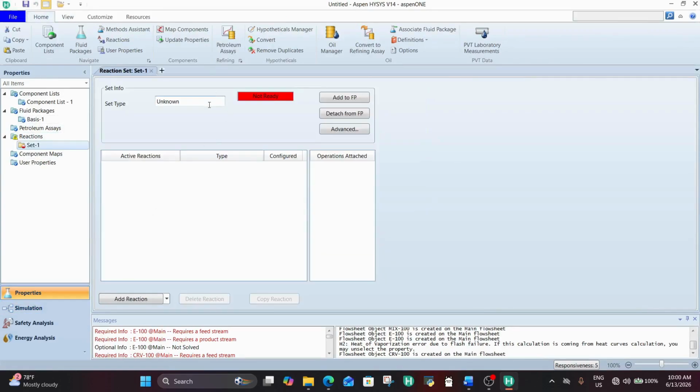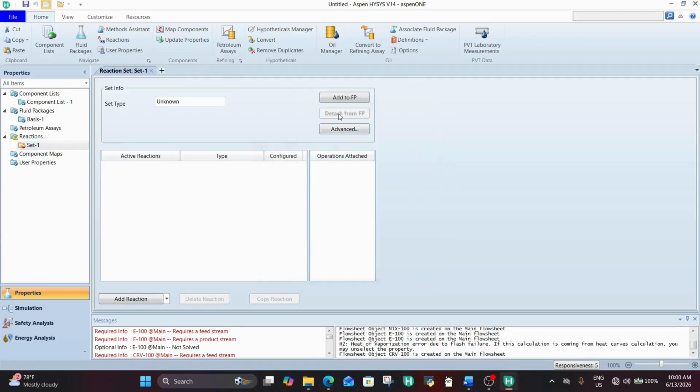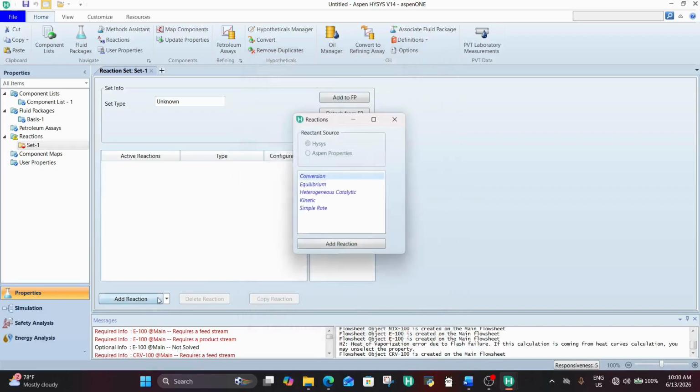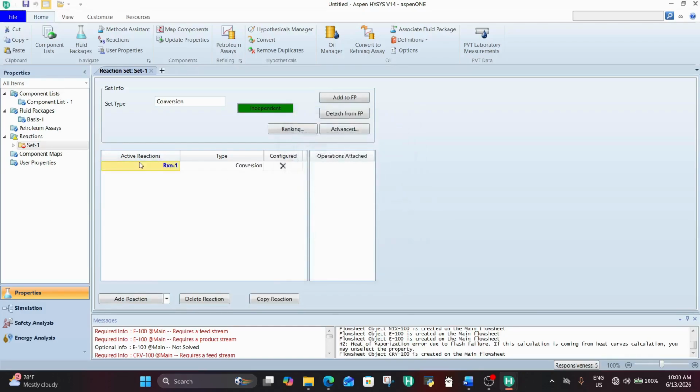To do that, we select this and attach a fluid package to this. Attach advance. Right. So add our reaction, conversion reaction, reactant source HYSYS, of course. Let's call this ammonia synthesis.